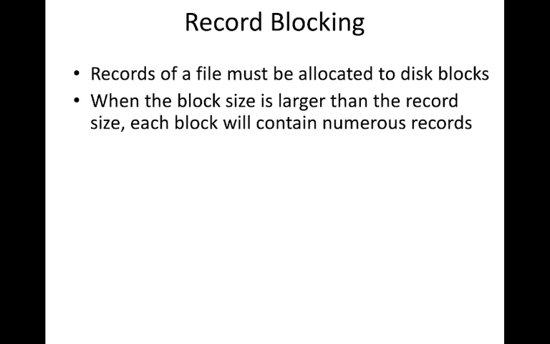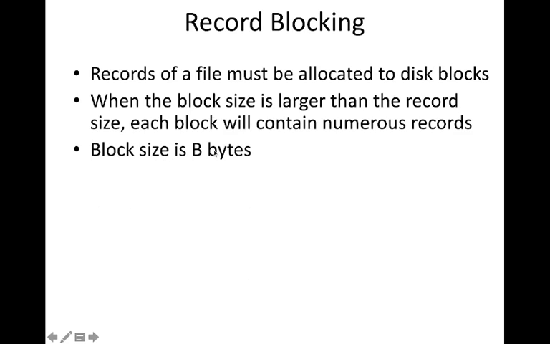The size of each block will of course be larger than the record size. For example, the block size is 500 and our record size is 50. Then you can store 10 records in a single block. So each block will contain numerous records, because the disk block size is larger than the record size.